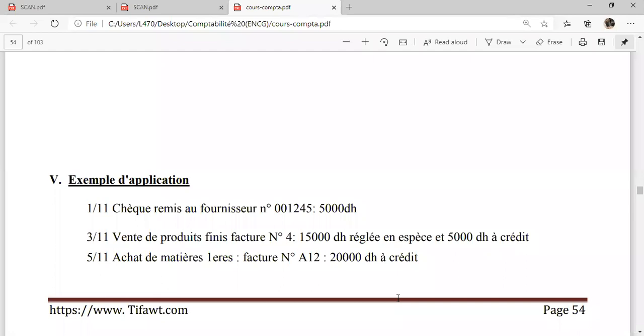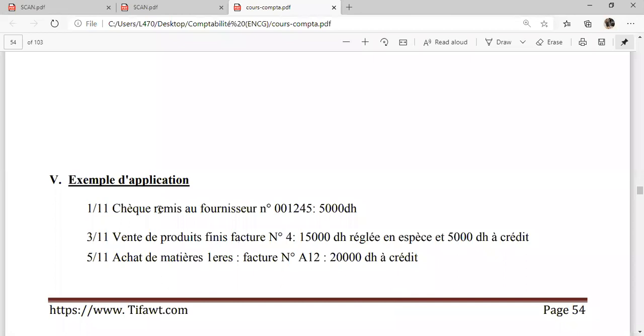We sold goods, which is something on the other side of the account. Then for the method of payment, he decided to pay us in two forms. So he gave us 15,000 worth of cash and 5,000 to be paid at a later date, which is "à crédit".